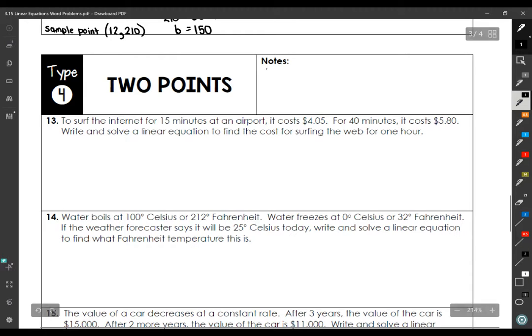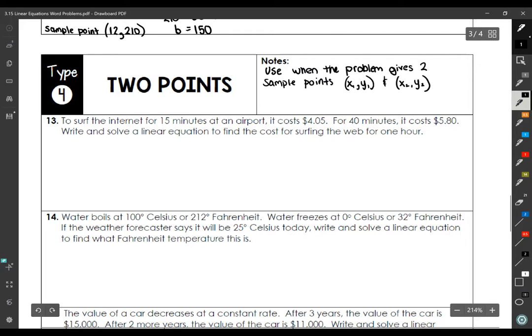So we're going to use this strategy when the problem gives us 2 sample points. Right? So when we have our x1, y1, and when we're also given a second point, so x2, y2.